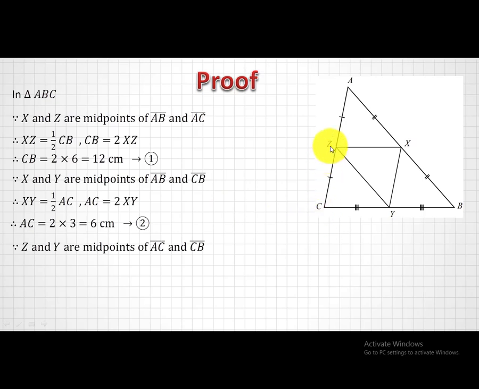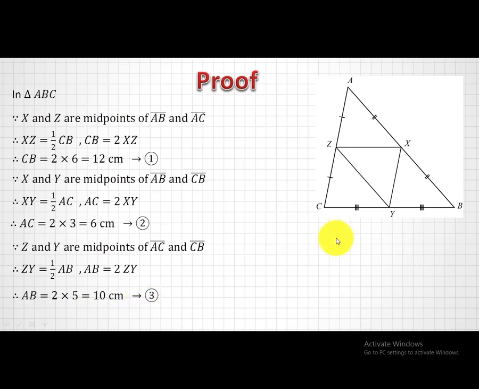And since points Z and Y are midpoints of line segments AC and BC, therefore ZY equals half AB, which means AB equals 2ZY. Then AB equals 2 times ZY equals 2 times 5, which is 10 cm, the third side.